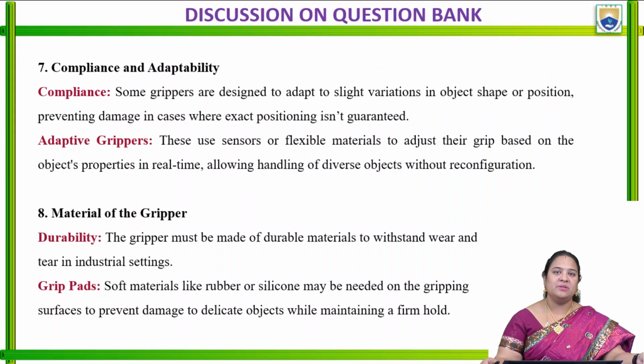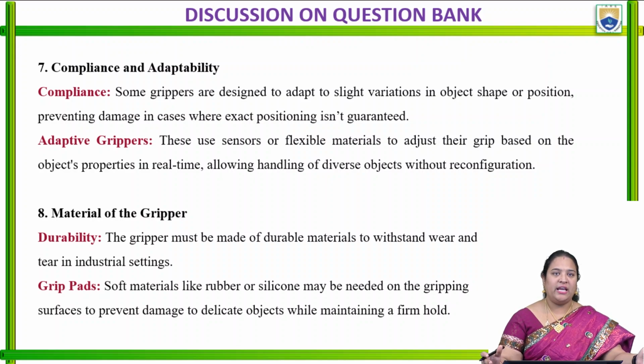Compliance and adaptability means the design of the end effector should be done in such a way that there should be some variation, right? From one robot's end effector to another, there should be a variation, which will depend upon the shape of the object, the size of the object, and the position of the object, right?